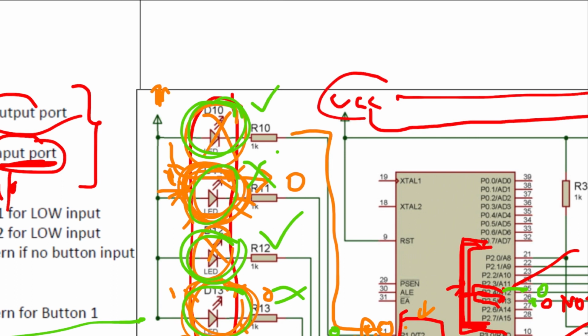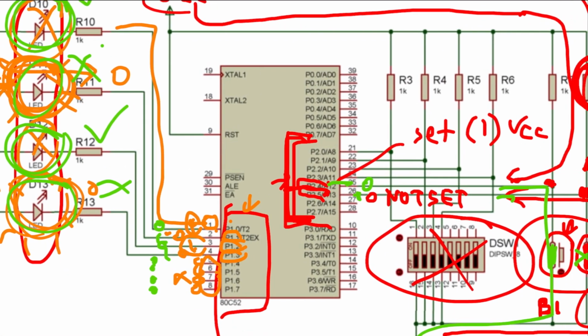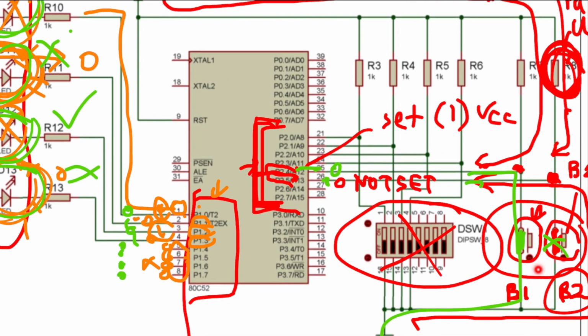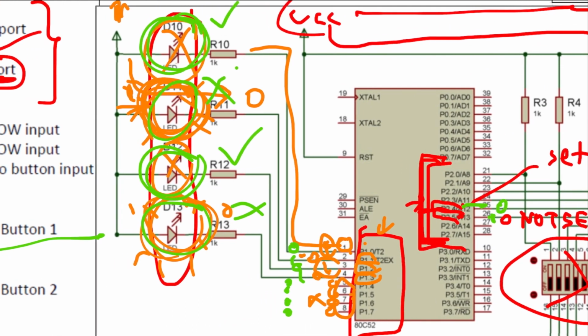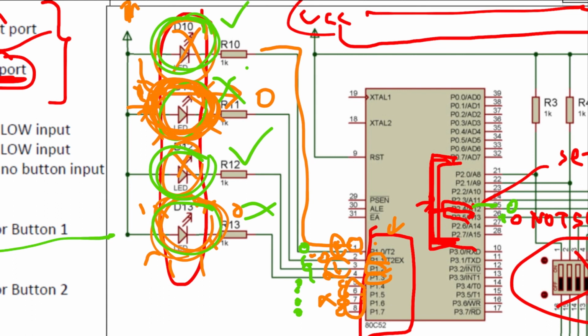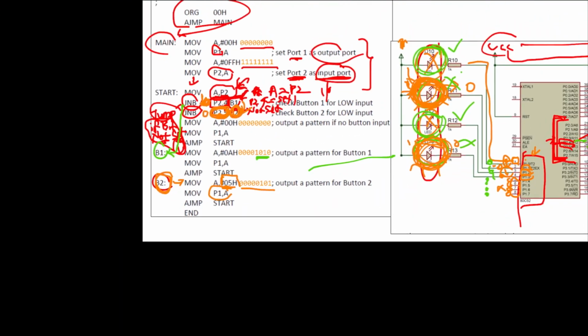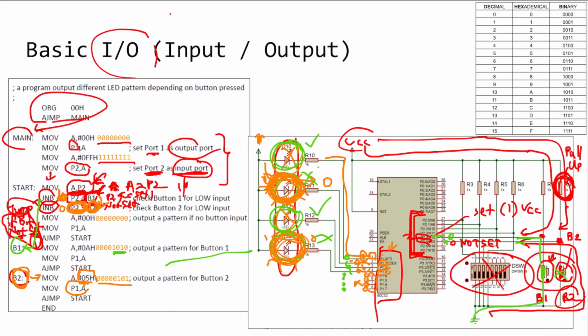One more case is when B1 is not pushed down and B2 is pushed down, then this LED and this LED will light up. So that is what this program is doing. It's basically reading the input from these two buttons and then deciding which LEDs to light up based on the input.